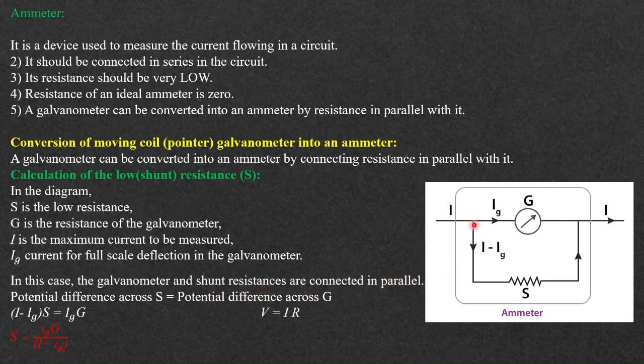Now at this point, the potential difference will be the same. That means across the galvanometer and across the resistor, the potential difference will be the same.